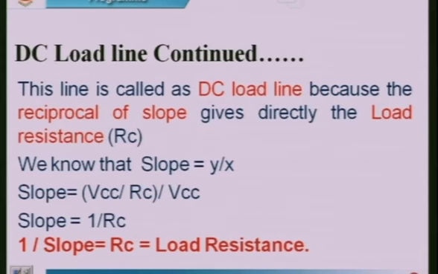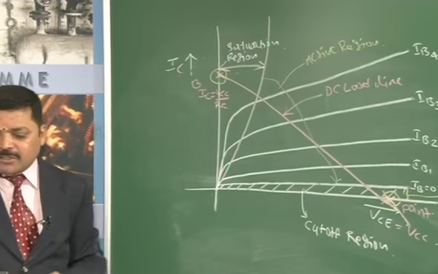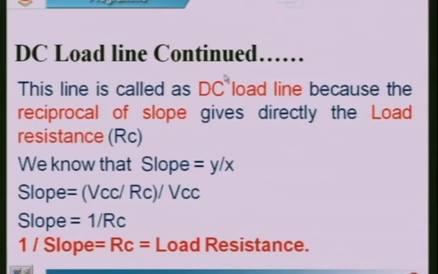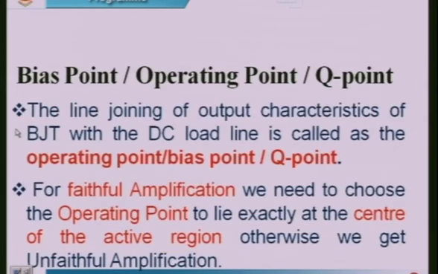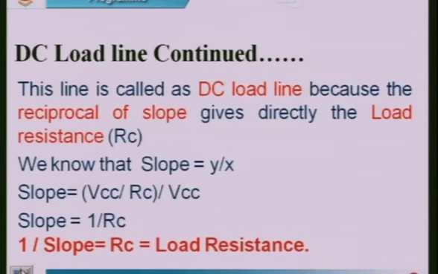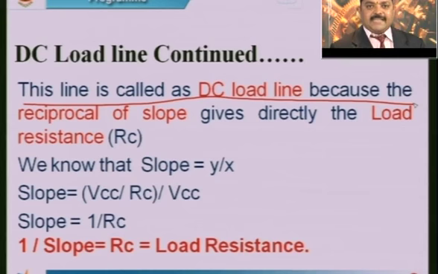When we take the slope of this line, this line is called a DC load line because the reciprocal of the slope of this line gives us directly the load resistance RC.